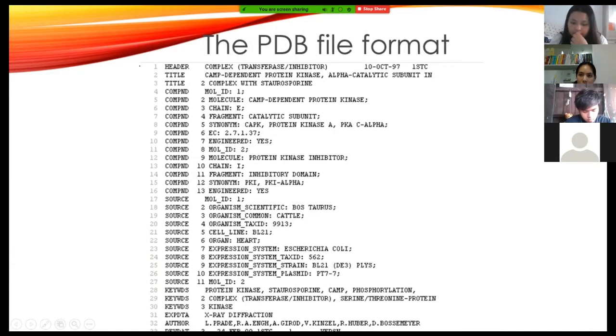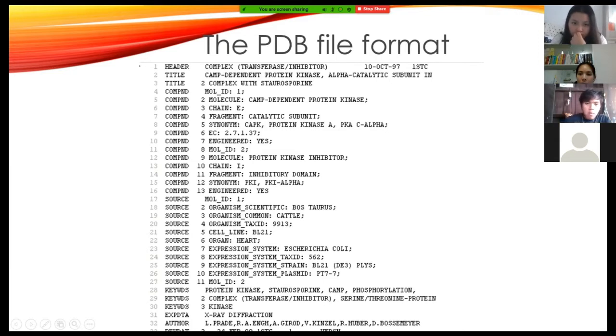Basically, the PDB or Protein Data Bank file consists of the header, and the header will say what the proteins are and has the title of the paper, like this one, protein kinase A in complex with a drug called staurosporine.